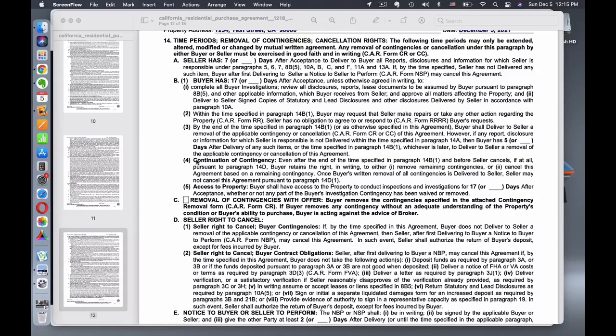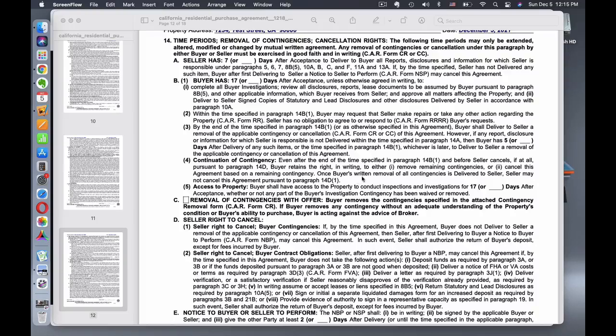Okay, so under 4, continuation of contingency, even at the end of the time period specified in 14B and before seller cancels, if at all, pursuant to paragraph 14B, buyer retains the right in writing to either remove remaining contingencies or cancel this agreement based on a remaining contingency.